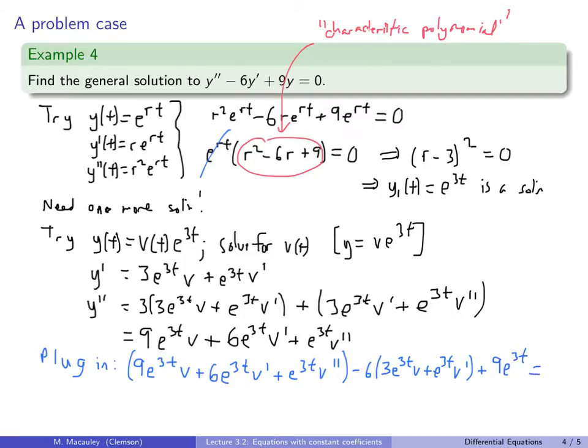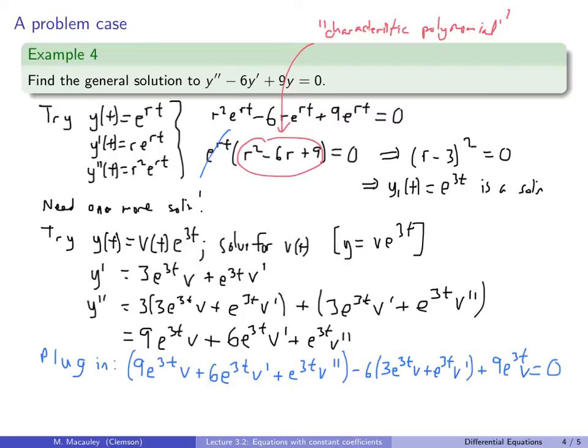This all equals 0. So again, this is y double prime, this is negative 6y prime, and this is 9y. Oh, hold on, I forgot my v right here. So what do we notice?